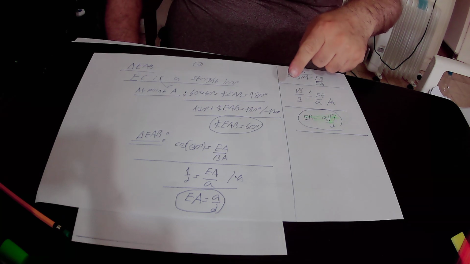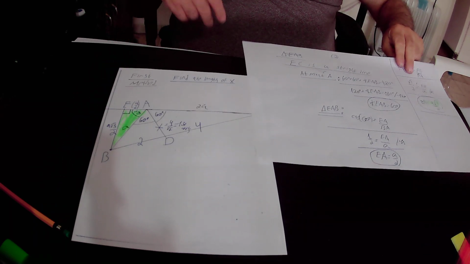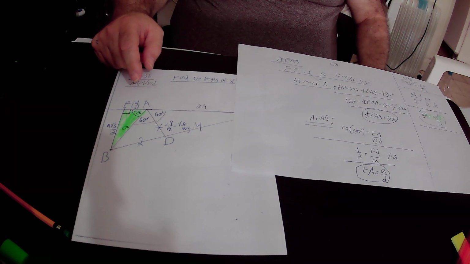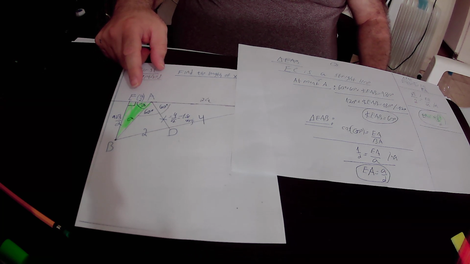We subtracted 120 degrees from this equation and found out that the missing angle BAE equals 60 degrees. Then we focused on the green triangle EAB.